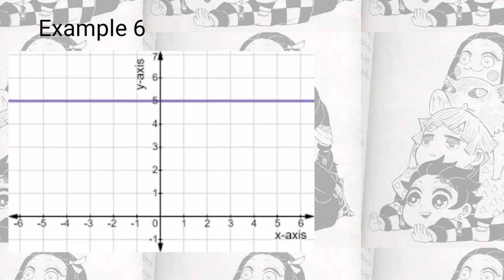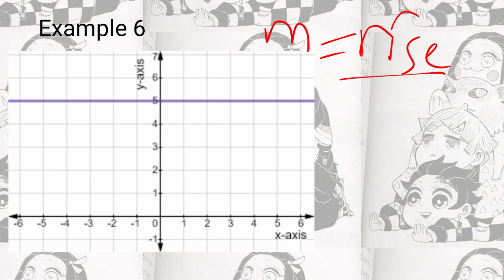Sunod, ang graph ng line natin ay horizontal. Nabanggit na natin na ang graph ng line ng isang linear equation ay kapag horizontal ito, ang slope ay 0. Tingnan natin kung 0 nga ang lalabas. Bilangin natin ang rise at run.